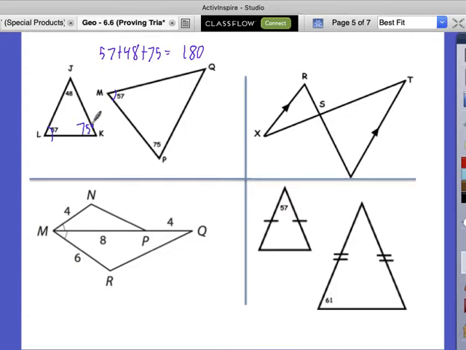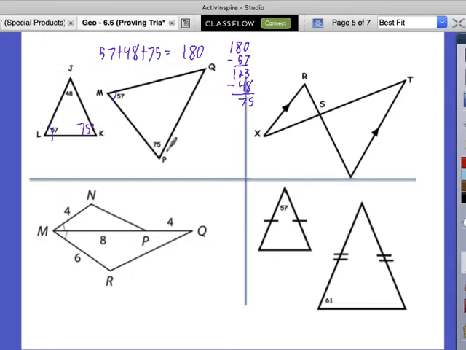The other way we did that before was we took 180 and subtracted 57 and 48, and you got 75. So now we know this is 75 degrees.